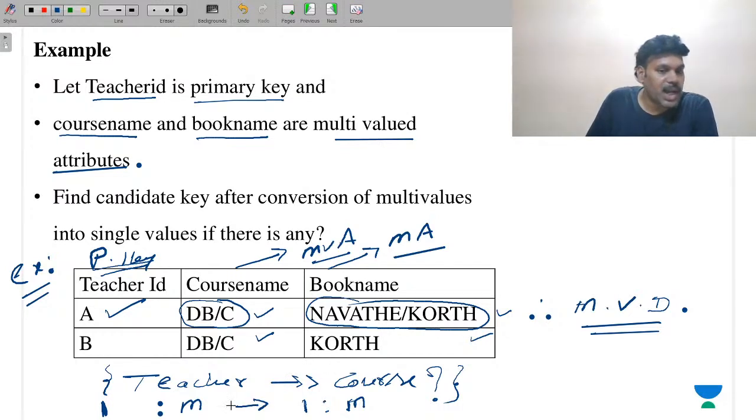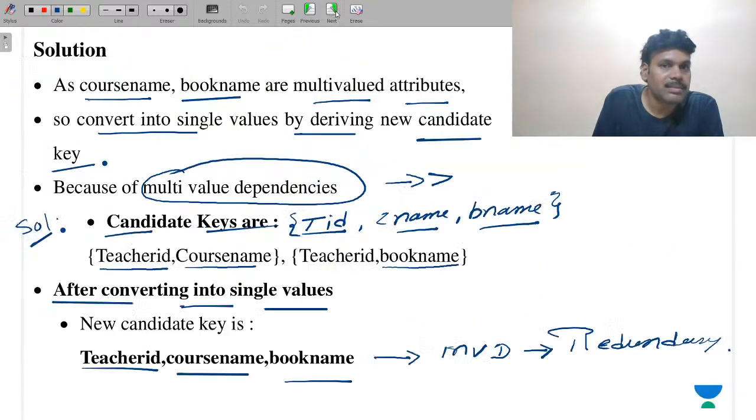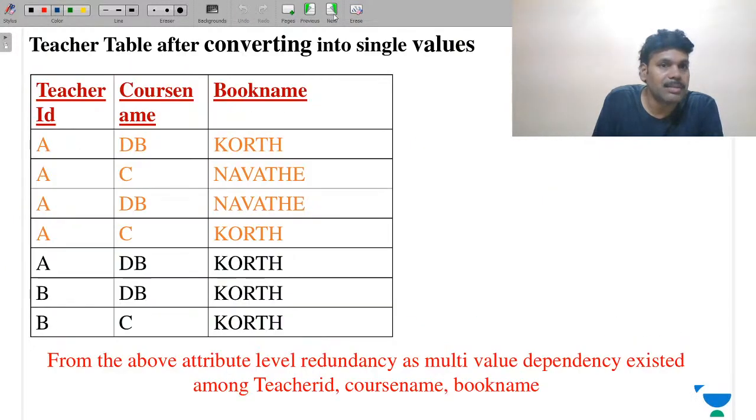So whenever you have multiple one-to-many relationships in a single table, it is the concept of multi-valued dependency. Why did I write M here? Because A will be associated with DBs and Cs, and B is associated with DBs and Cs. So how does that association come? Look at this example. Please observe now.